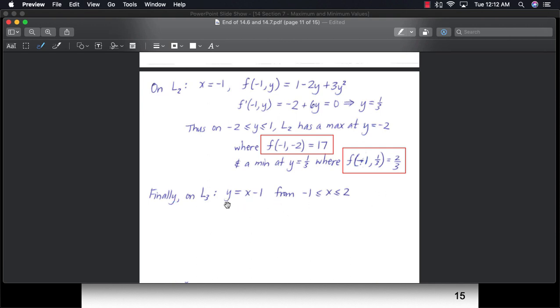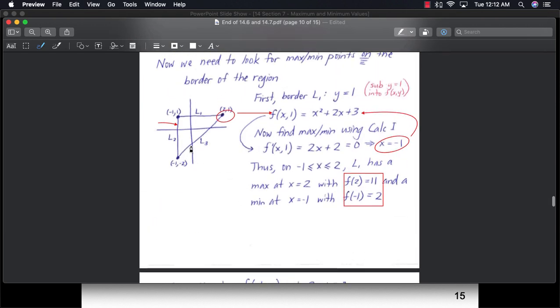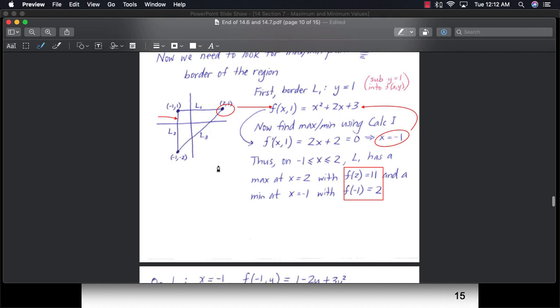I think we all can agree that L3 is the line y equals x minus 1. It does cross the y-axis at -1, and it looks to have a slope of +1. I hope everyone in the class can see how this line is y equals x minus 1. Keep in mind, we're coming from x is negative 1 all the way to x is 2.